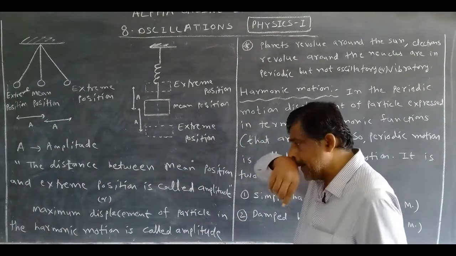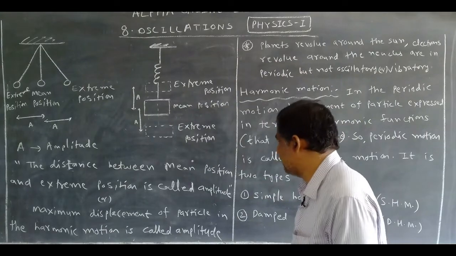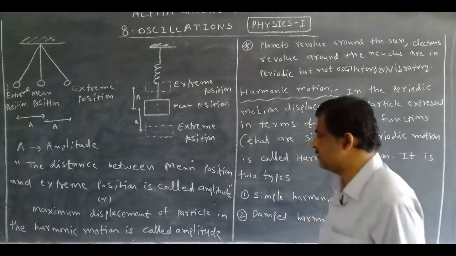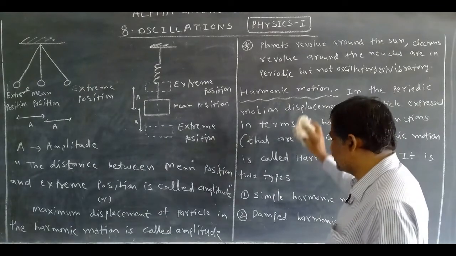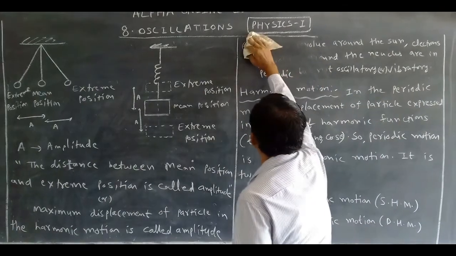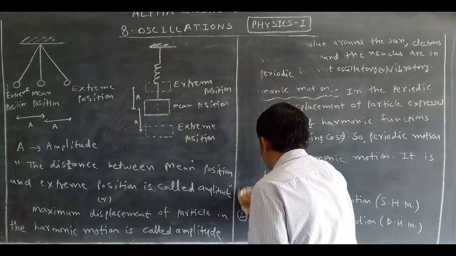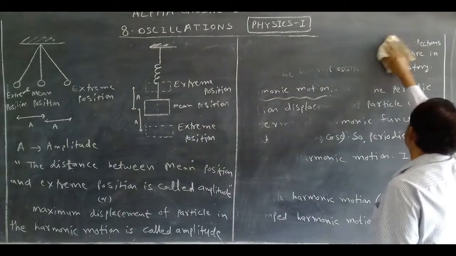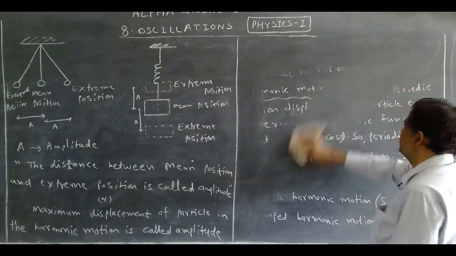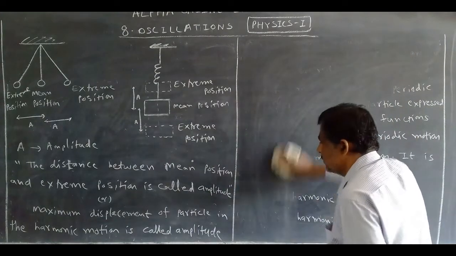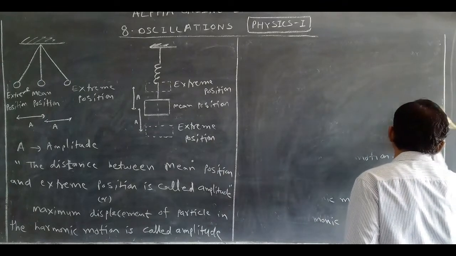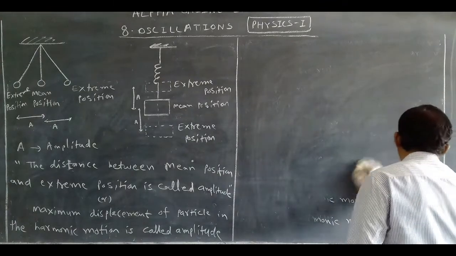Otherwise, maximum displacement: the maximum displacement of the particle in the harmonic motion is called amplitude. Amplitude is nothing but a displacement, but the maximum displacement in the periodic motion or harmonic motion is called amplitude.